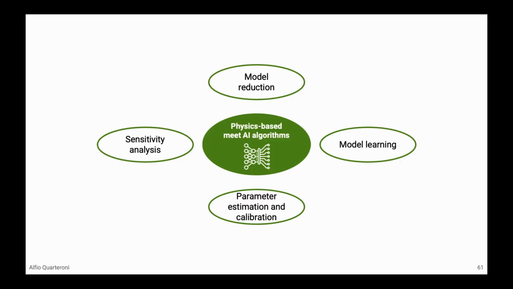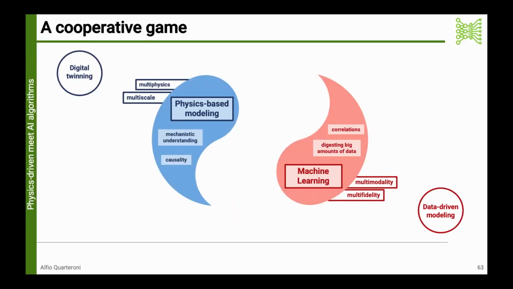In the past, say, 2 or 3 years, we tried to see the way machine learning algorithms could help us. And the way we intend it is in a cooperative manner. It's a cooperative game between physics-based and data-driven algorithms.